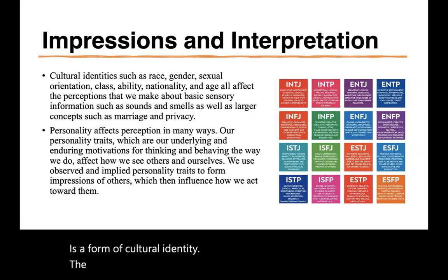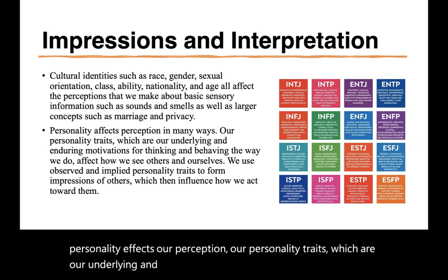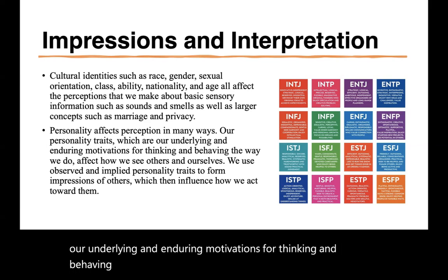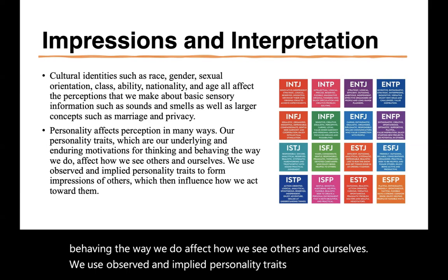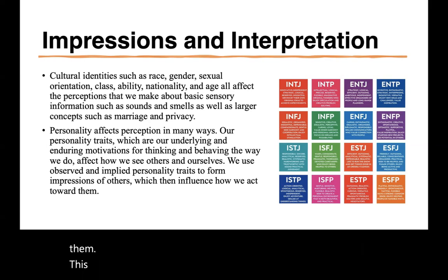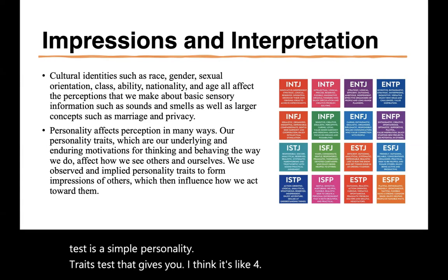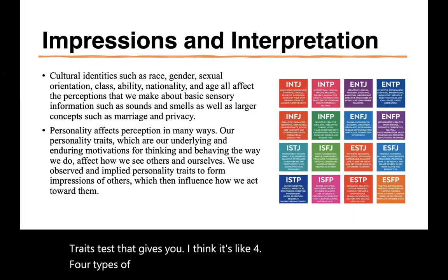The next one we're going to talk about is how personality affects our perception. Our personality traits, which are our underlying and enduring motivations for thinking and behaving the way we do, affect how we see others and ourselves. We use observed and implied personality traits to form impressions of others, which then influence how we act towards them. This is very similar to the Myers-Briggs test, okay? The Myers-Briggs test is a simple personality traits test that gives you, I think it's like four types of interpretations that you use, okay?